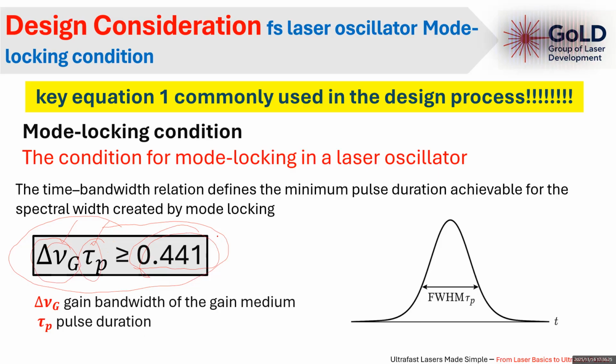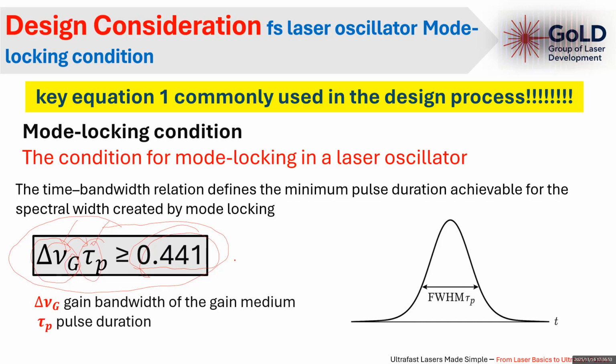And there are two possibilities. If we don't use this G, then it will be a time bandwidth product, but that bandwidth will be the bandwidth of the spectrum.